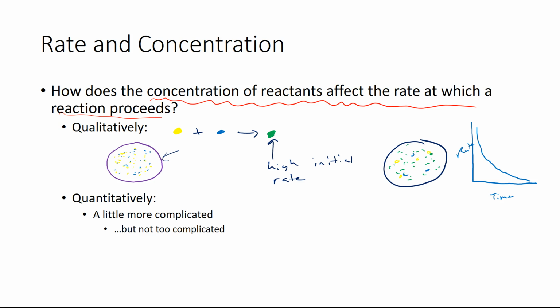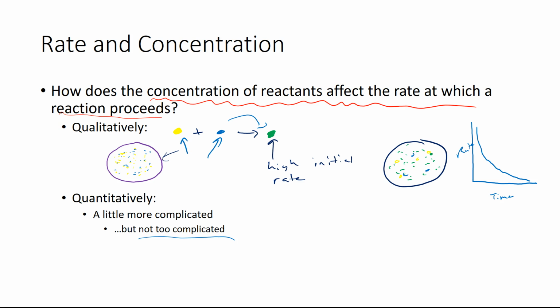Now, quantitatively describing that relationship between the concentration of my reactants and the associated formation of my product is a little bit more complicated, but not too complicated. Okay, and this being a mathematical based science, we are going to identify that quantitative or mathematical relationship between the concentration of our reactants and the rate at which that reaction occurs.